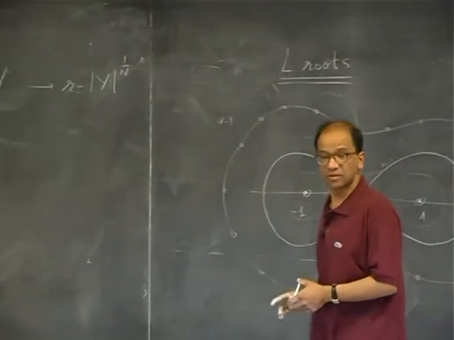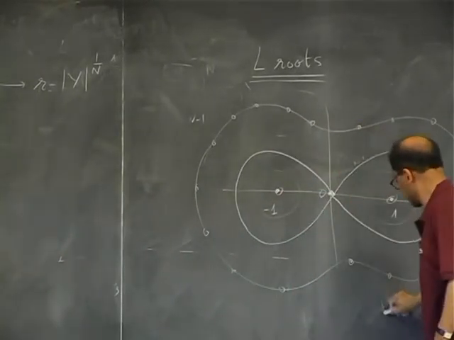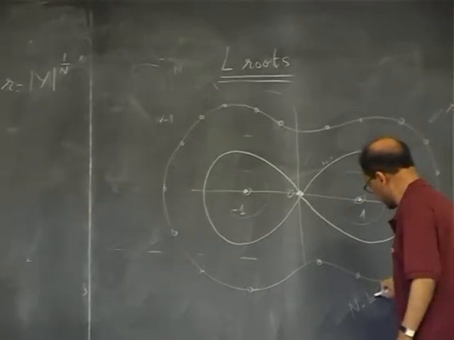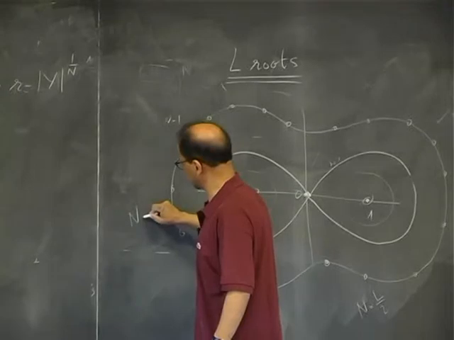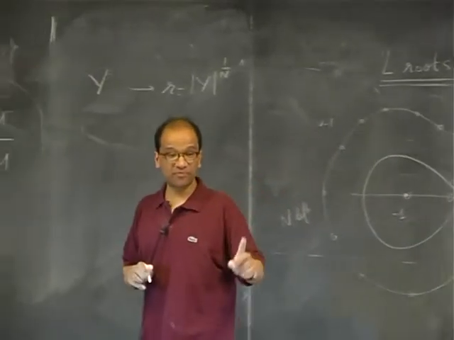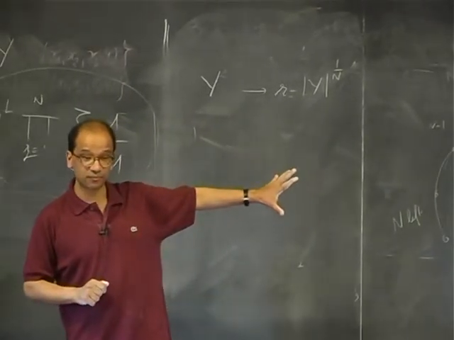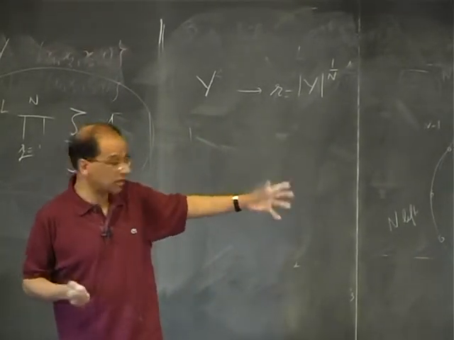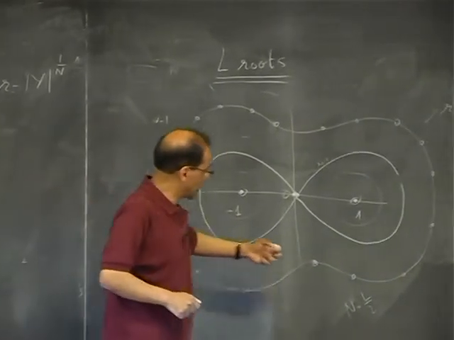I have all the L roots, L over 2, which is n, to the right and n to the left. This gives me L roots, and they are all on this curve.